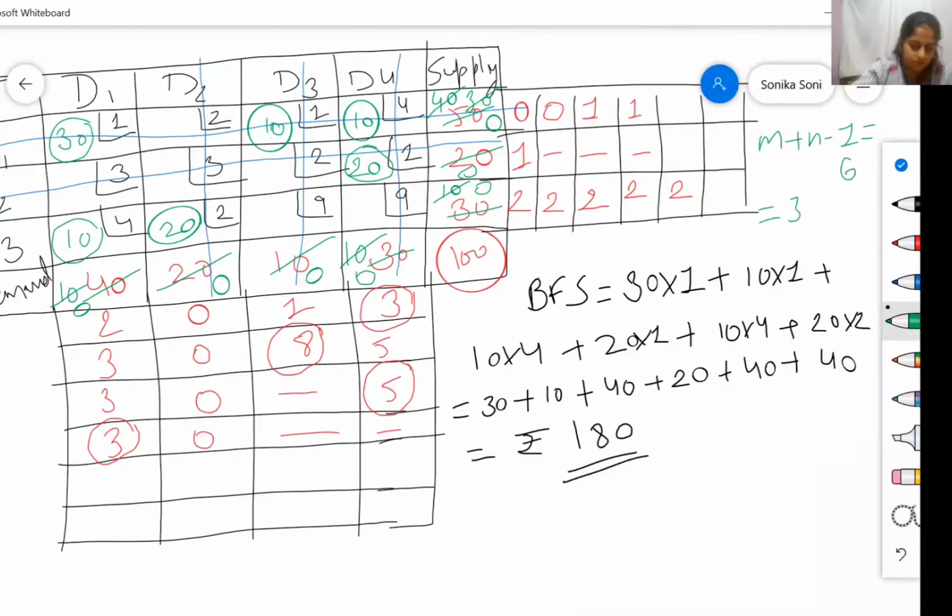We have 3 factories. Then the n's are the destinations. We have totally 4 destinations, minus 1. It should be equal to 6, and it is equal to 6. That means the problem is non-degenerate, which means it has the required number of allocations.